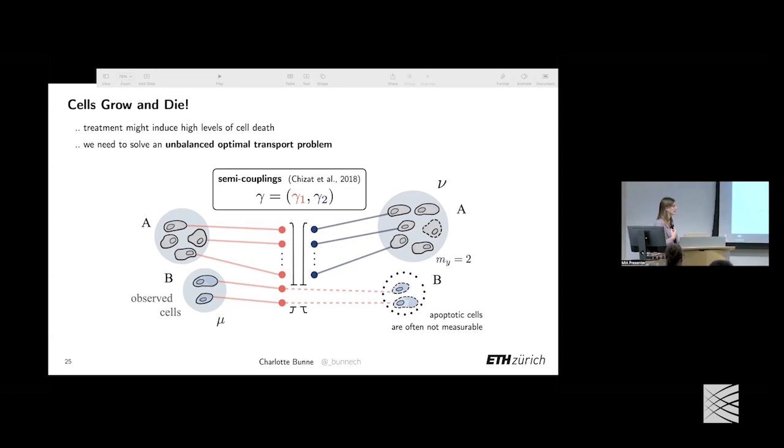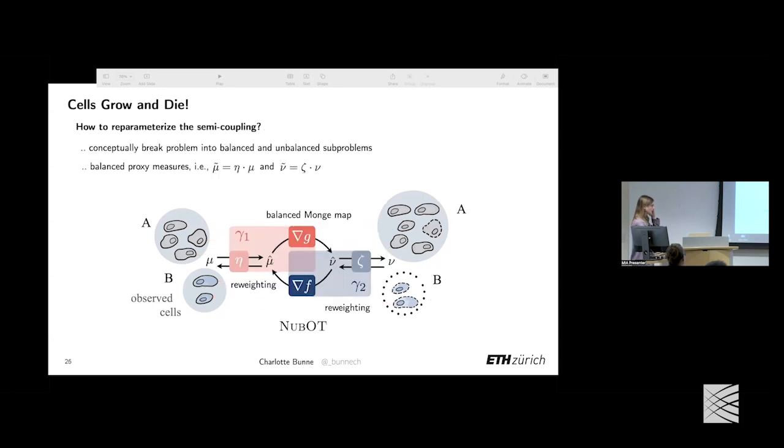In a setup with growth, this would mean duplication. Starting from a mass of 1, coupling gamma 1 tells us there is something with mass 1 leaving point X. Coupling gamma 2 tells me there is something arriving with mass 2. And of course, for cell death, this would be something like 0.